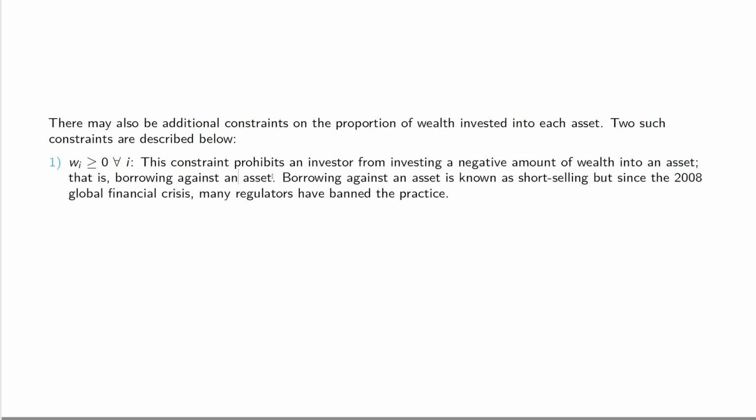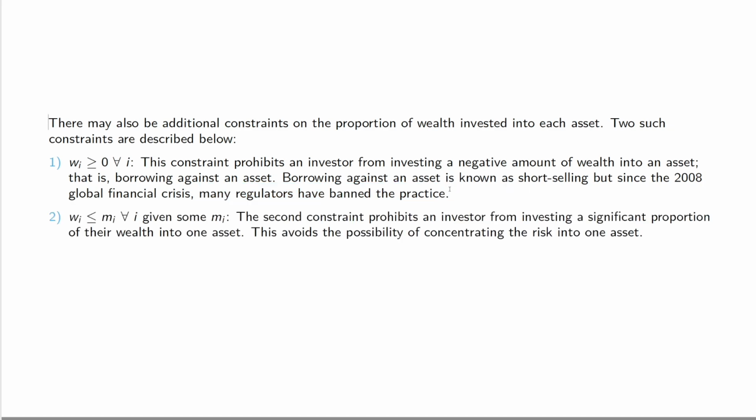Another way you can think about that is borrowing against an asset: you take the asset now and you give it back in the future. Borrowing against an asset is also known as short selling, but since the 2008 global financial crisis, many regulators have banned the practice.